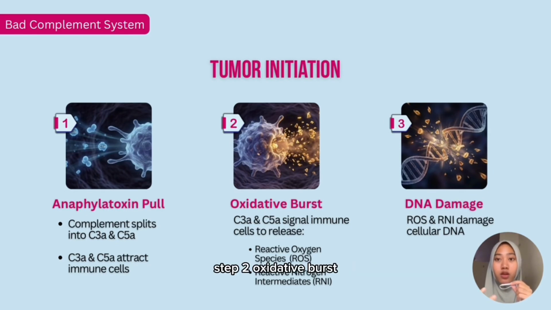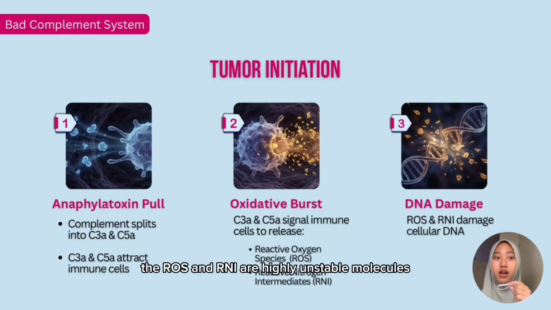Step 2, oxidative burst. The C3a and C5a signal the immune cells to release reactive oxygen species, ROS, and reactive nitrogen intermediates, RNI. Step 3, DNA damage. The ROS and RNI are highly unstable molecules and can damage the cellular DNA.